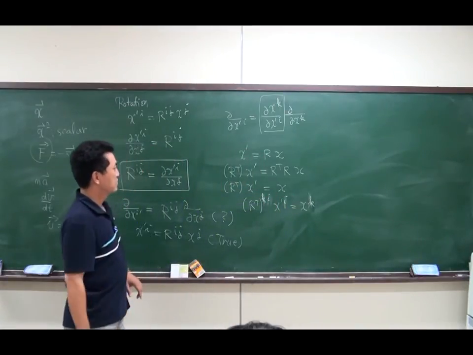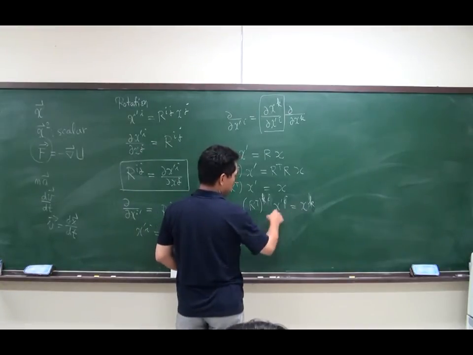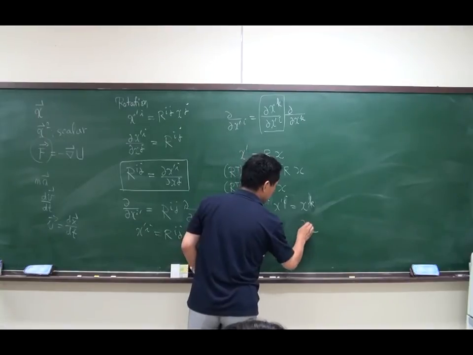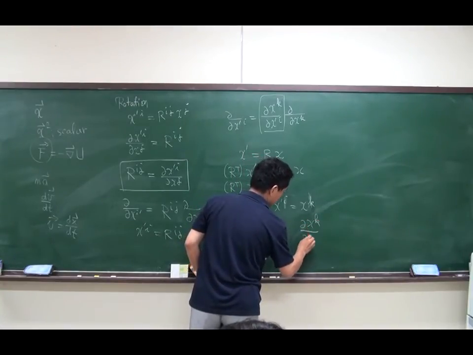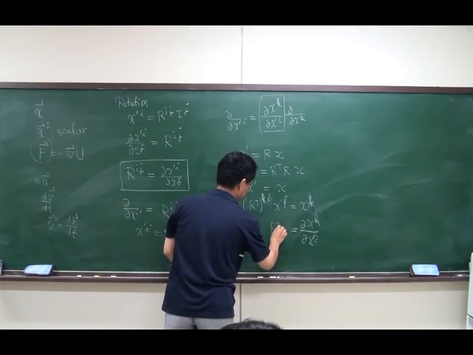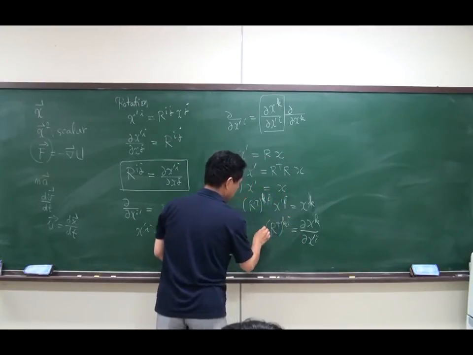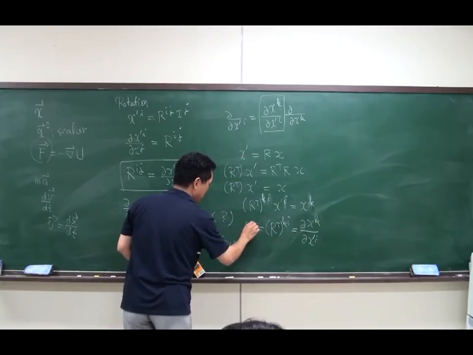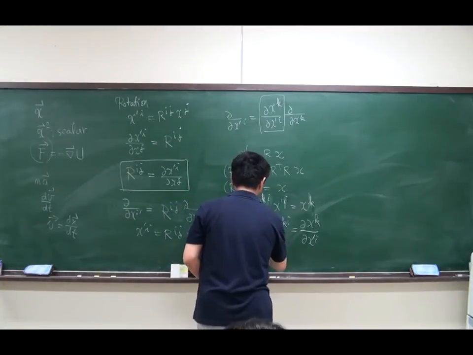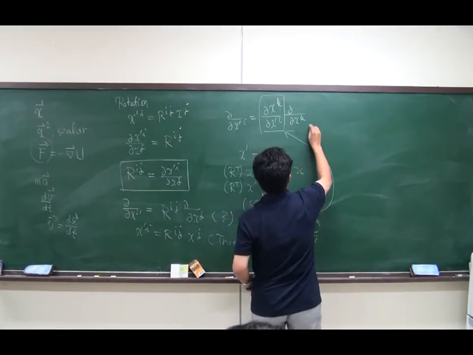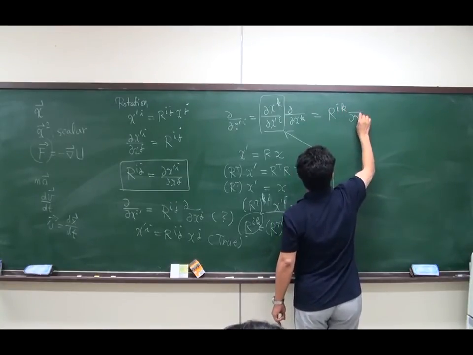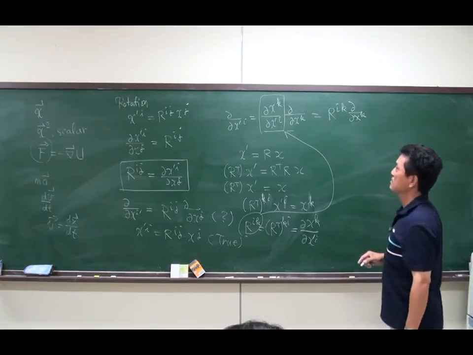Okay? So if I take the derivative with respect to x_i prime, that is transpose, so R_ik. So I substitute this guy here. Aha.